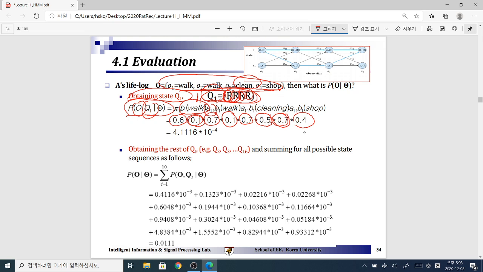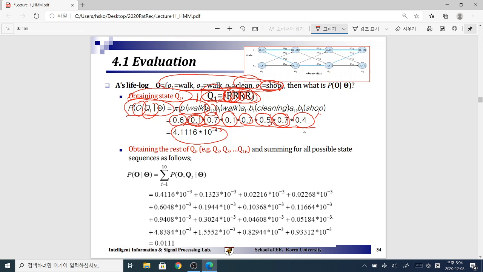And then it is multiplied by shopping, which is 0.4 under a rainy day. If you multiply all these things, this is the value. So this is that evaluation of the observation sequence.